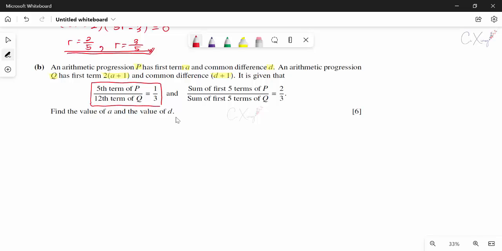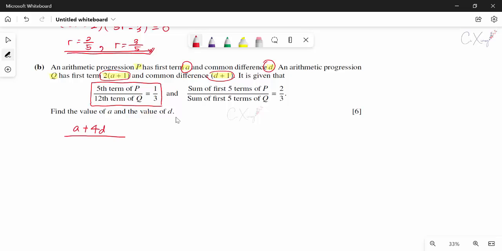Okay, so fifth term of P. For the fifth term of P, your first term is A, common difference is D. So the fifth term will be A plus n minus 1 D, and n minus 1 is 4, so 4D, divided by 12th term of Q. For the Q, you need to know that the first term is this one and the common difference is this one.